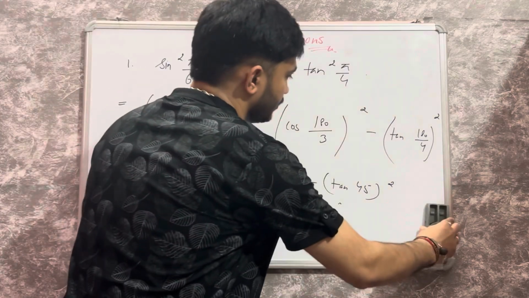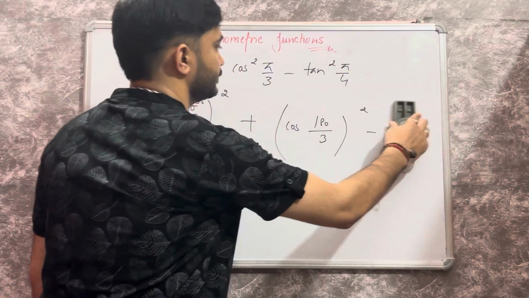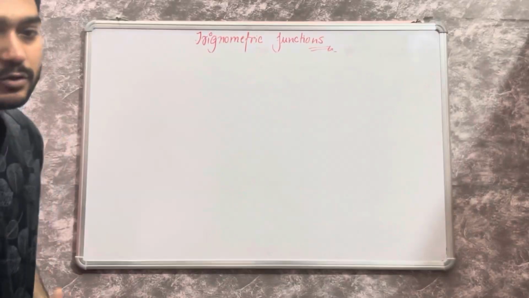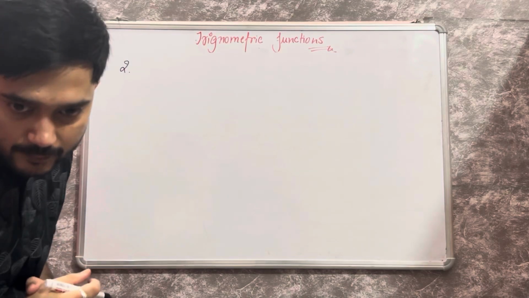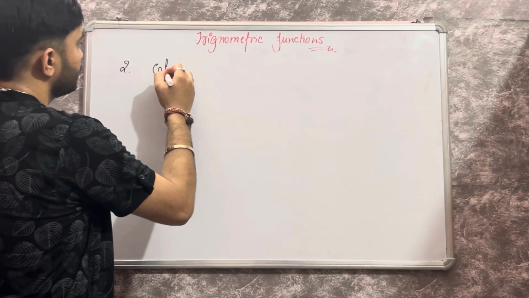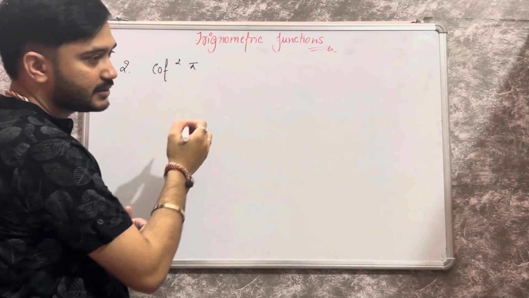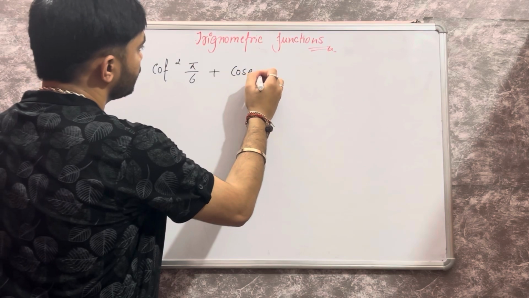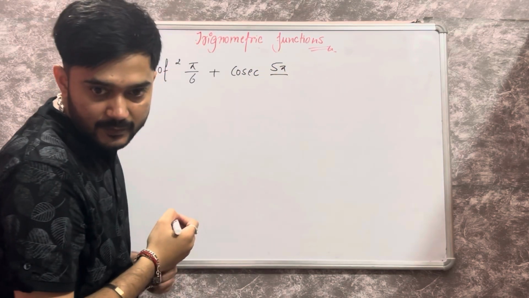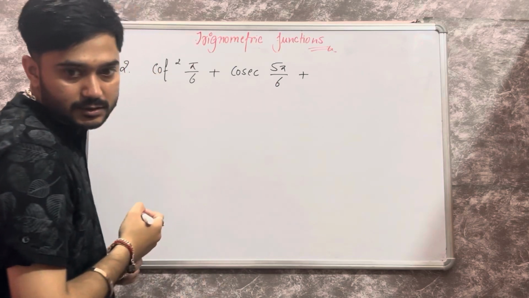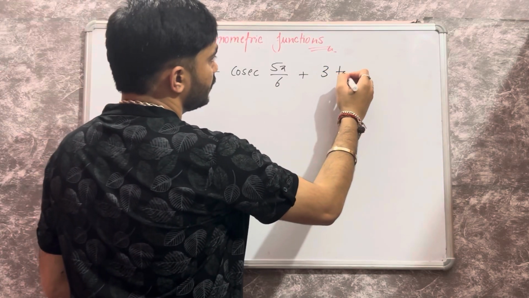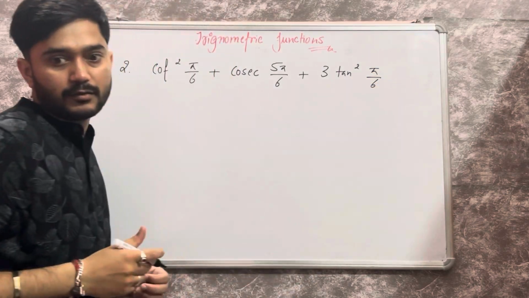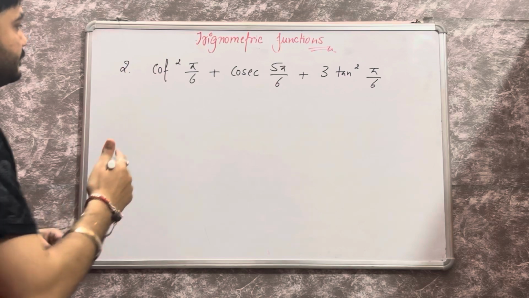Moving forward to the second question. The second question is cot square pi by 6 plus cosec 5 pi by 6 plus 3 tan square pi by 6. We are going to find its solution.